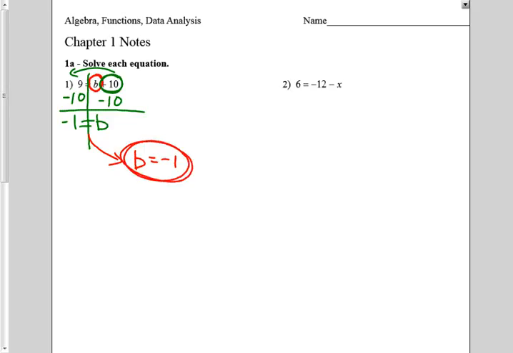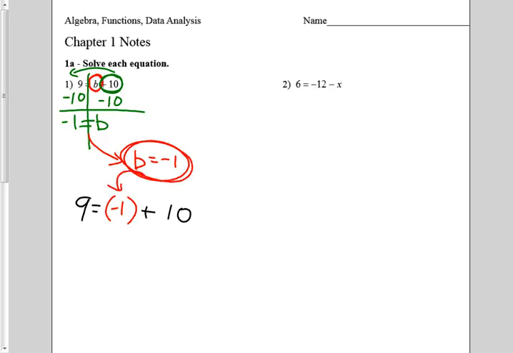Now, here we do have an opportunity to check it, because it is very simple to check this. I can take my original equation and instead of a b, I can put a negative 1. And when we do substitution, that's exactly what we do, and we want to use parentheses.